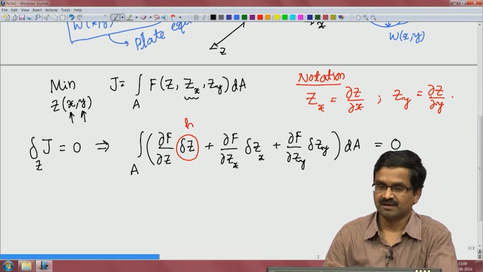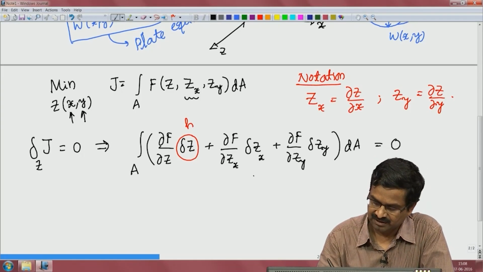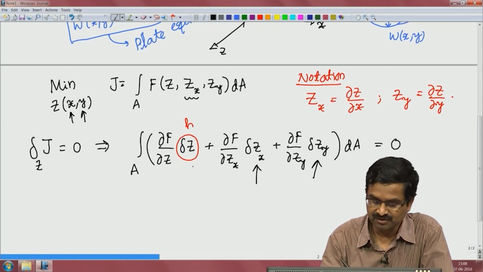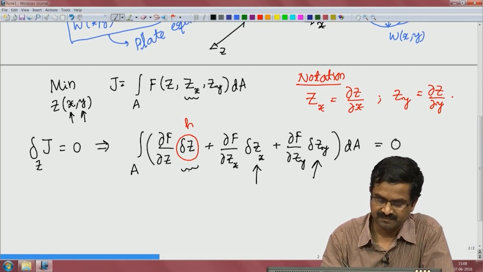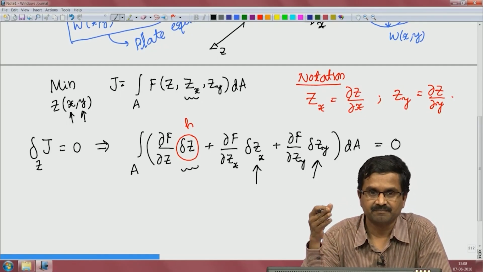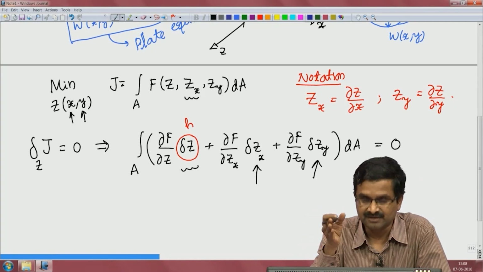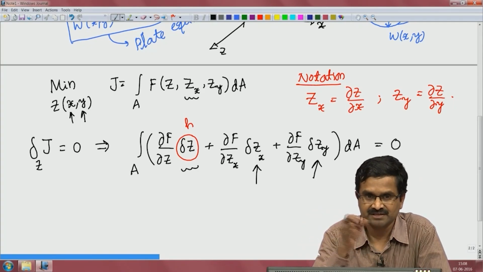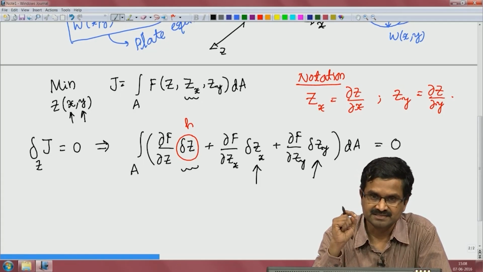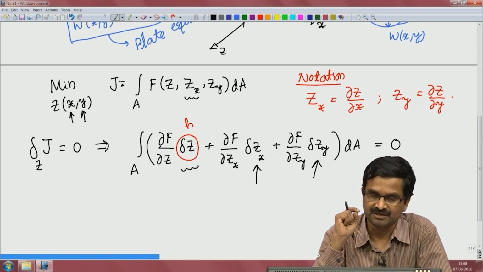Before we do that, our objective, if you recall, is to convert these delta z sub x, delta z sub y into delta z, because then we know that delta z is arbitrary, and then we can say that using the fundamental lemma of calculus of variations, what multiplies that is equal to 0, we get the necessary condition in the form of a differential equation.